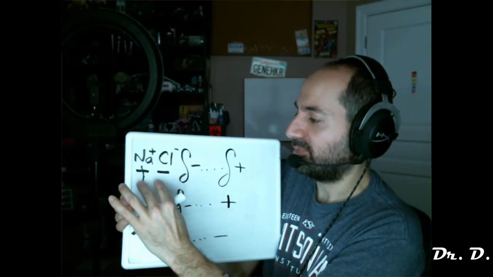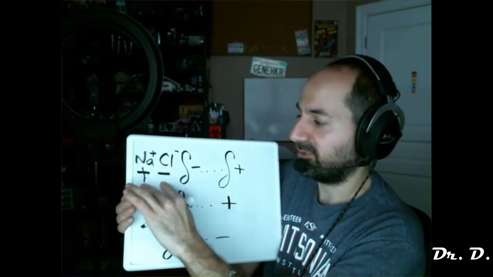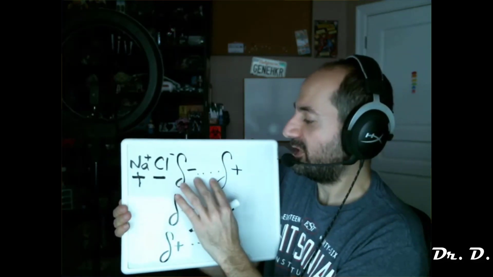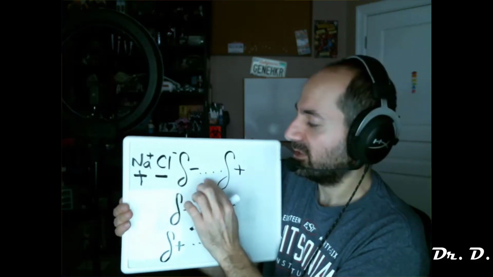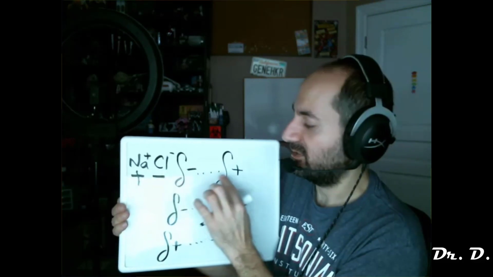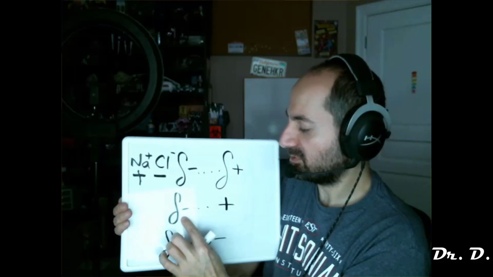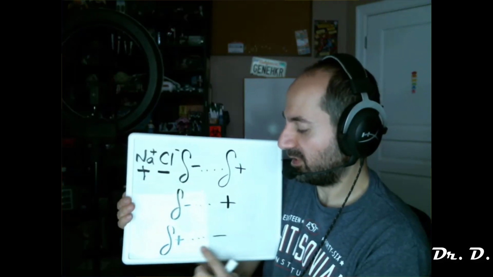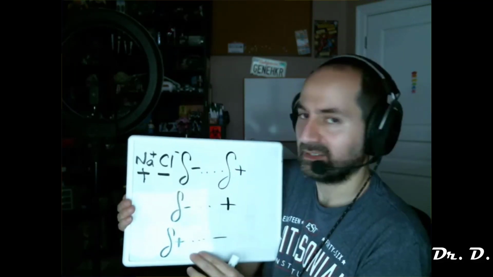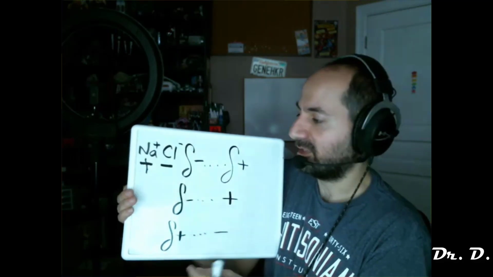Instead of the bond between a full positive and a full negative, you have a weak bond between a partial negative and a partial positive, or a partial negative and a positive, or a partial positive and a negative. All of these are weak. So you can think of hydrogen bonds as super weak versions of ionic bonds.